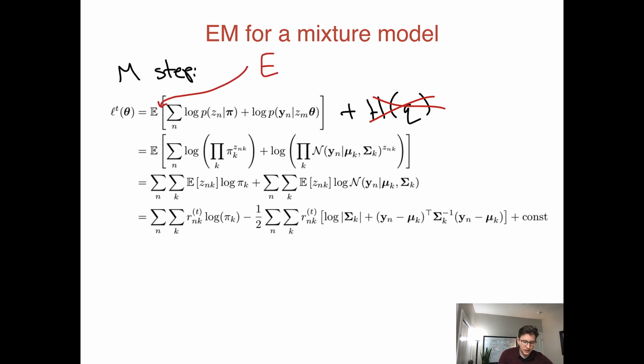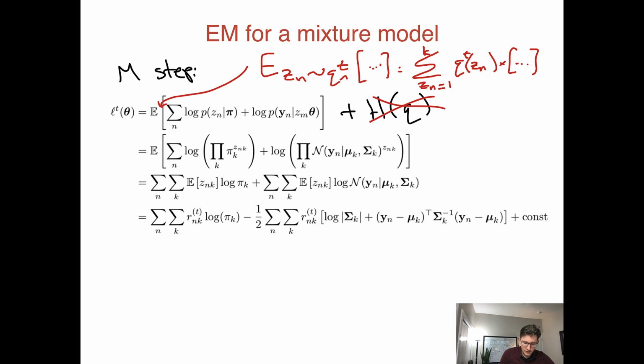This is the expectation imagining that z of n is distributed according to q of n t, which is equal to the sum over all the possible values of z of n of q t of z of n times this thing we have in the brackets.